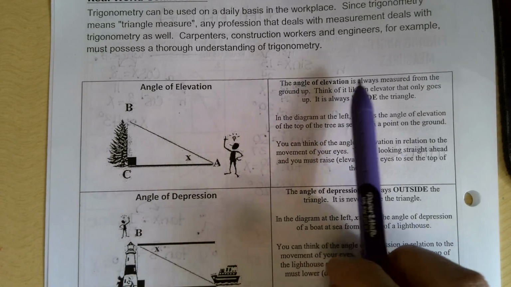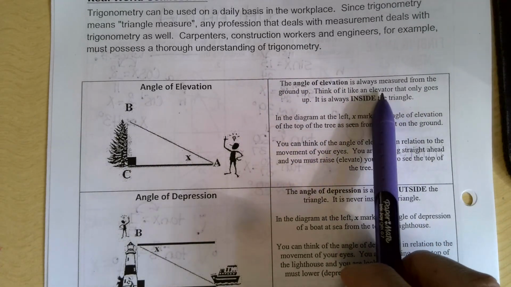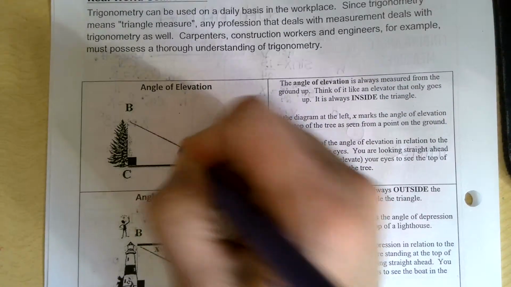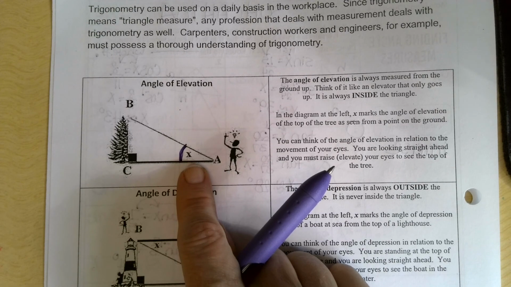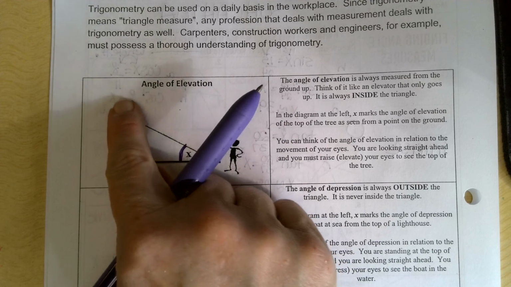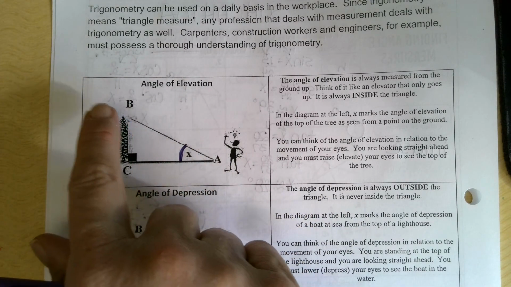The angle of elevation is always measured from the ground up. Think of it like an elevator that only goes up. It's always inside the triangle. Do you see that? That is called the angle of elevation. In the diagram at the left, x marks the angle of elevation from the top of the tree.